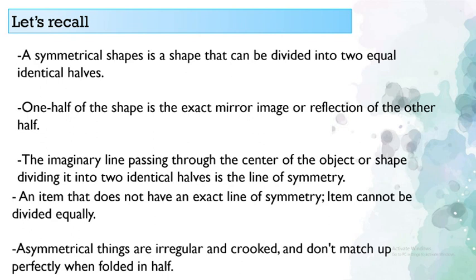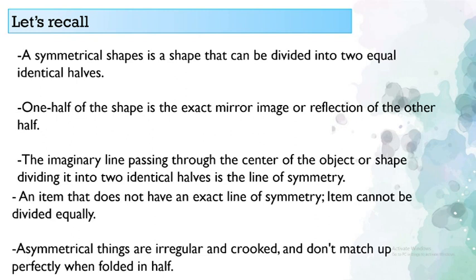The imaginary line passing through the center of the object or shape that divides it into two identical halves is the line of symmetry. An item that does not have an exact line of symmetry, that cannot be divided equally, is known as asymmetrical. Asymmetrical things are irregular and crooked and don't match up perfectly when folded in half.